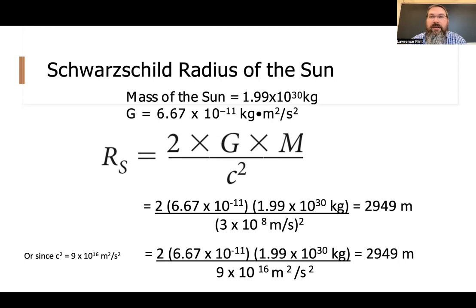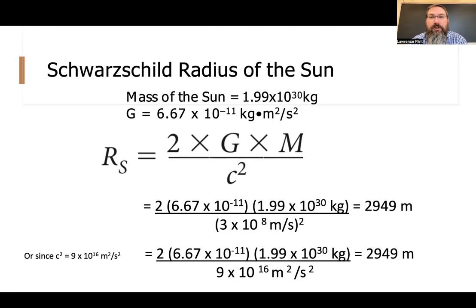And 10 to the 8th squared is the same as 10 to the quantity 8 times 2, which is 16. So the denominator in every one of these Schwarzschild radius problems can also just be 9 times 10 to the 16th meters squared per second squared.